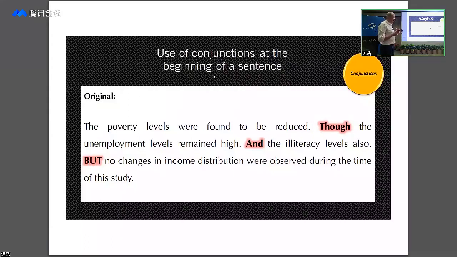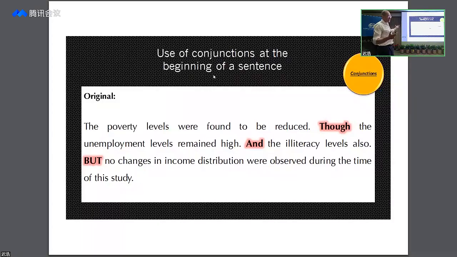Use those linker phrases that I have shown you in the very first part here today. Conjunctions and, but, or in academic writing should only be used in the middle of a sentence. Let's say you have a list, apples, pears, and oranges. This is how you should use them, not at the beginning of a sentence.